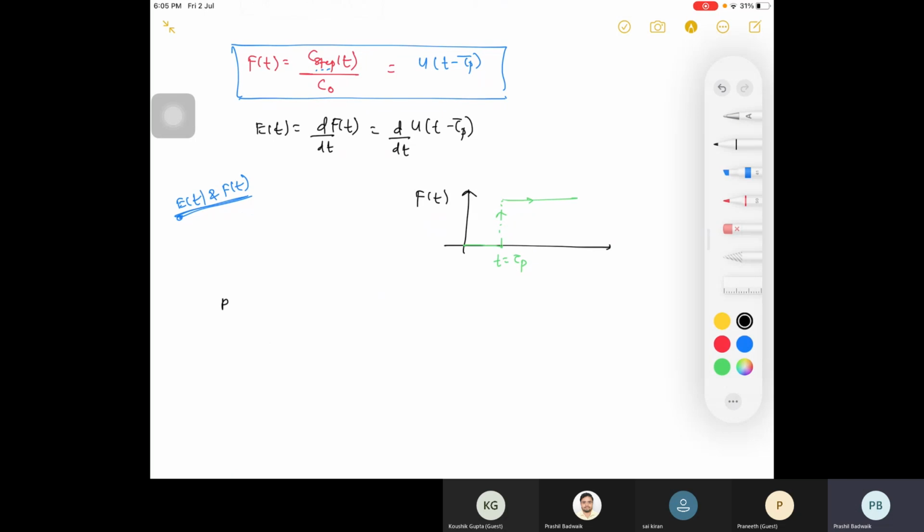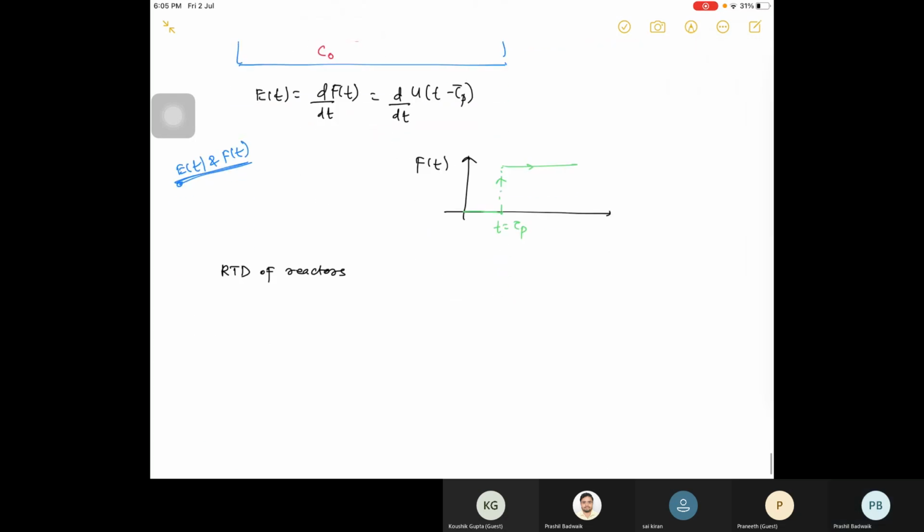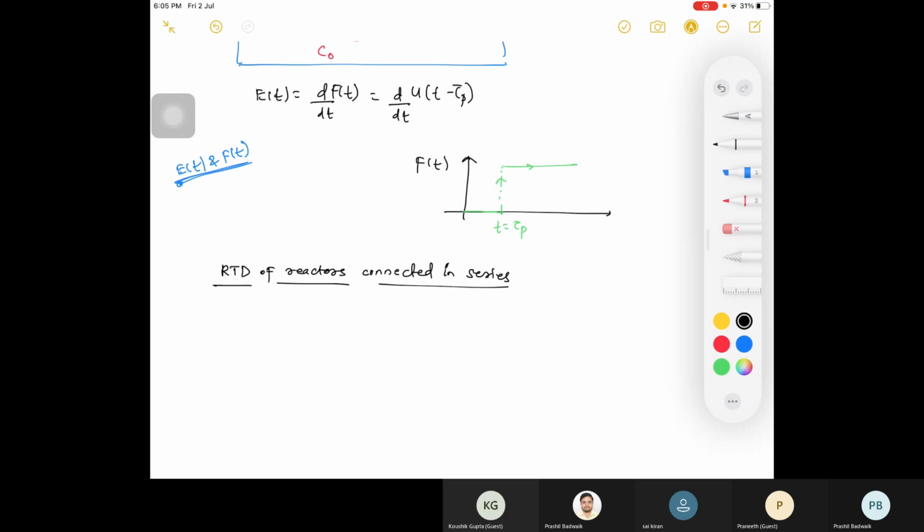So you write: RTD of reactors connected in series. Important.